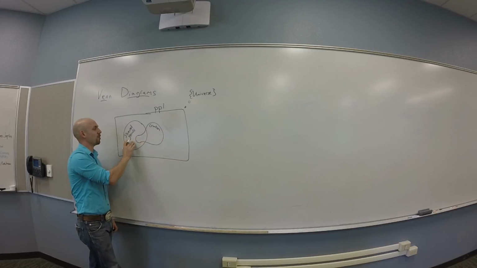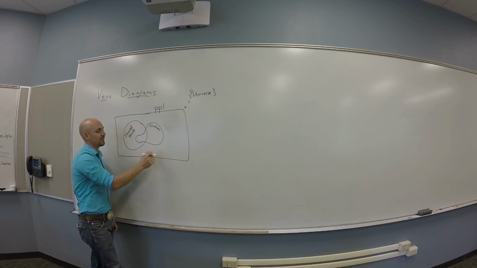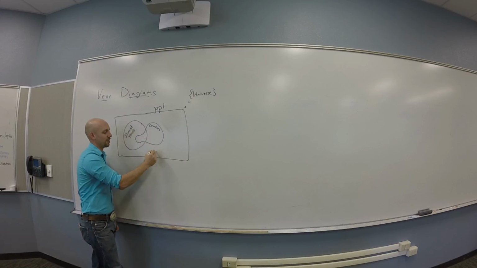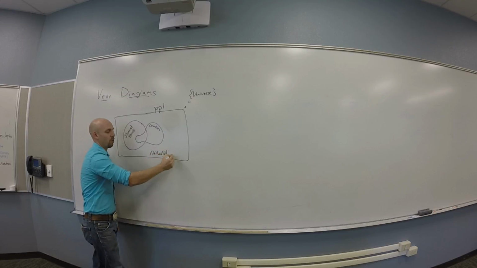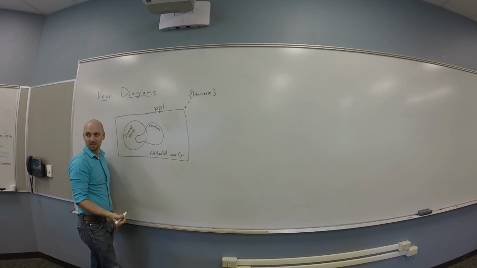That's the people who have either shaved head or a goatee or both. You guys see that? And the outside is the people who have neither shaved head nor goatee. You guys see that?